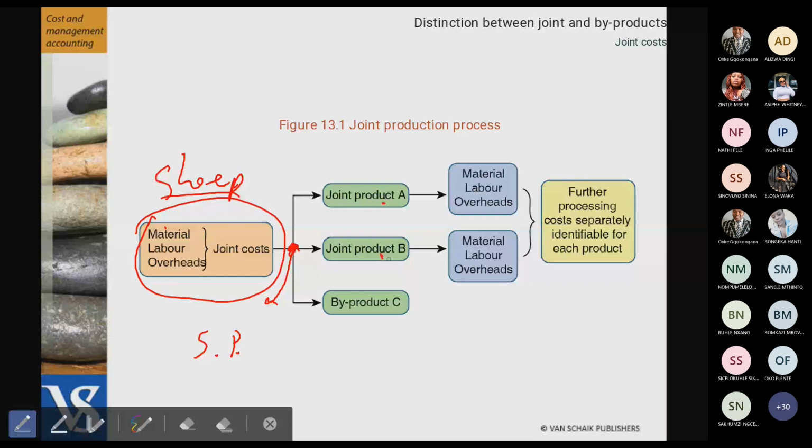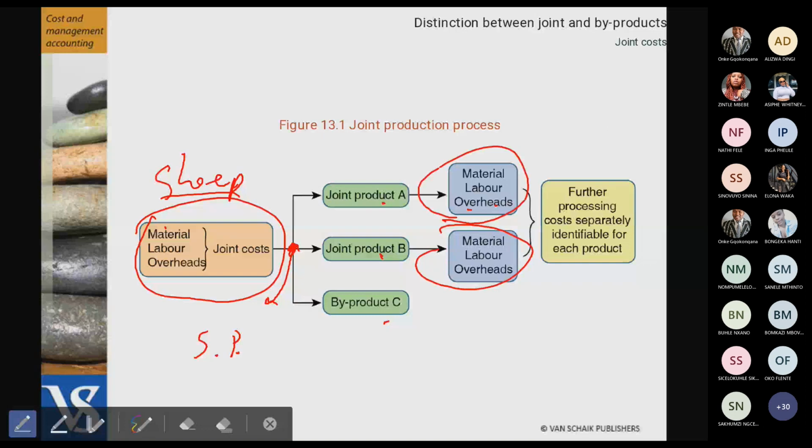If you decide to further process A and B, you will incur direct labor, material, and overheads for each product. And we said that we don't have a problem with that, because you can see here, every product has its own material, labor, and overheads.